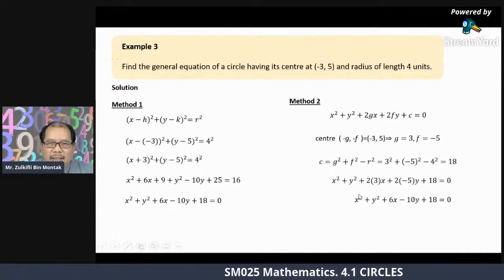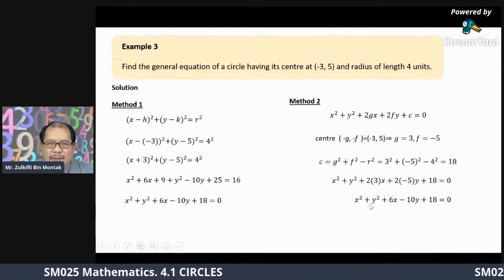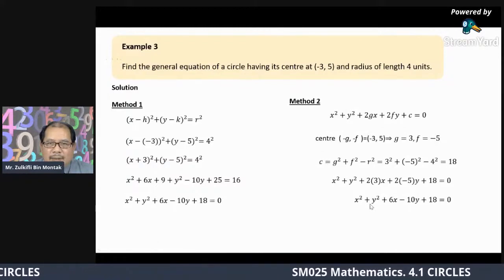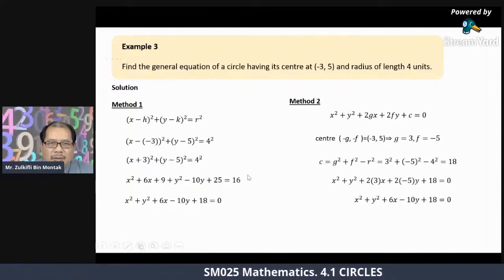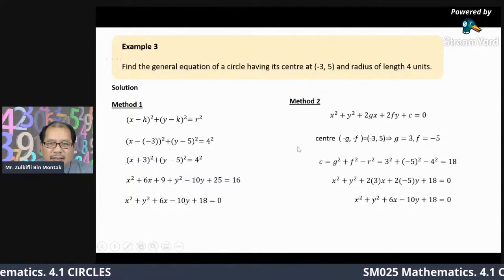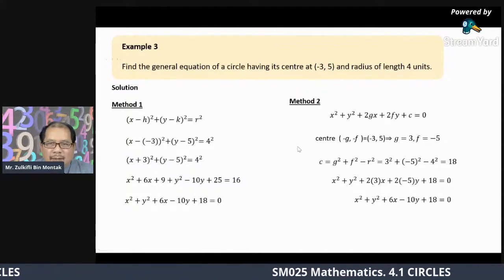So we get the answer: x squared plus y squared plus 6x minus 10y plus 18 equal to 0. So we get the same answer if you use the standard form or you use the general form to find g, f, and c.